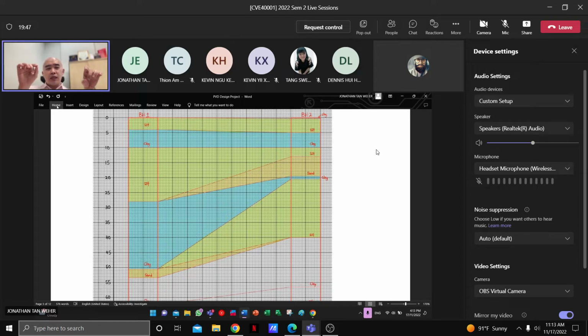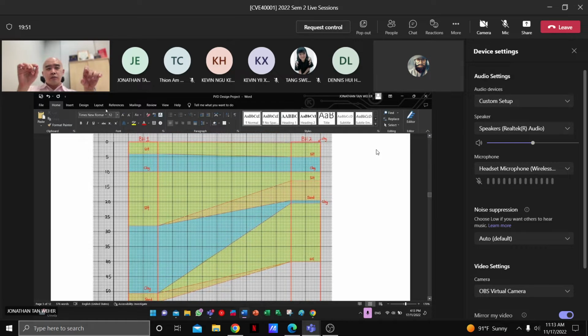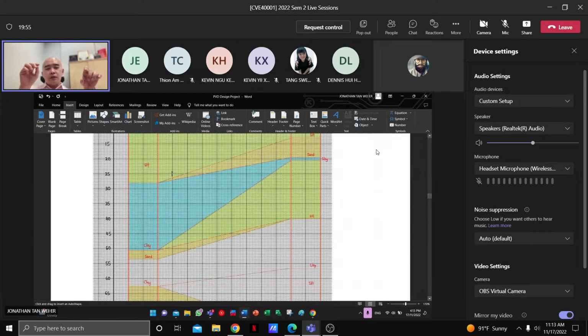Okay, I want you to insert one line. Yeah, isn't it possible that from borehole 1, okay, at the bottom of the green layer at about 28 meters, all right, it connects to borehole 2 at 40 meters. In like this. Yeah, isn't it possible?